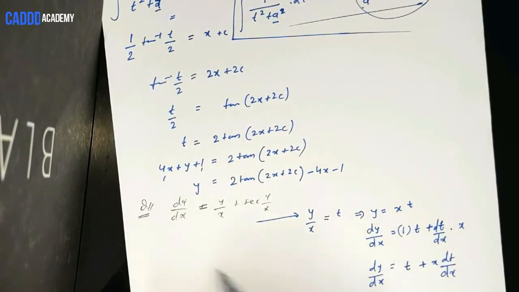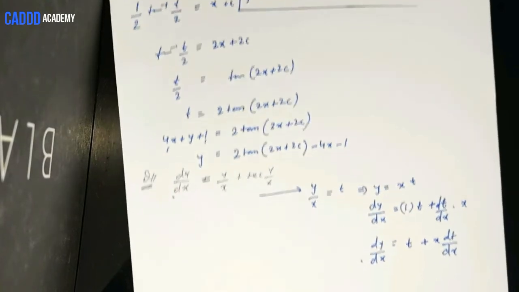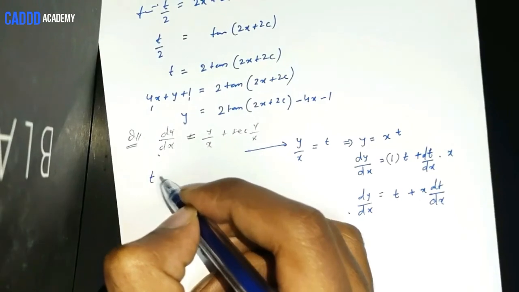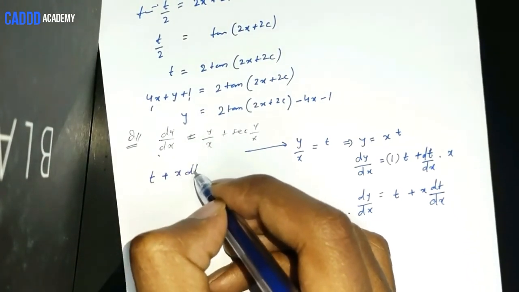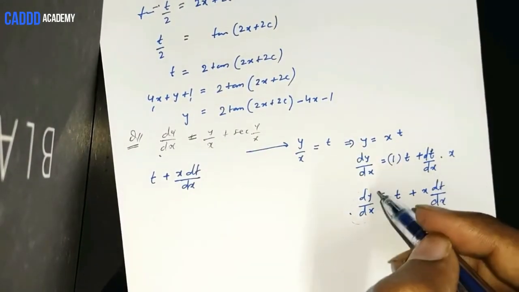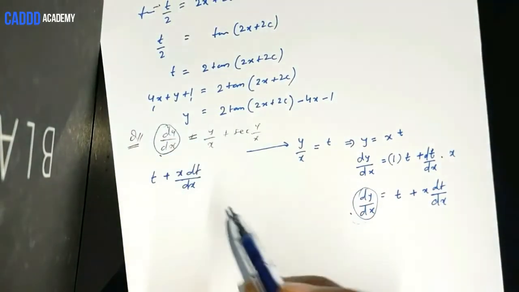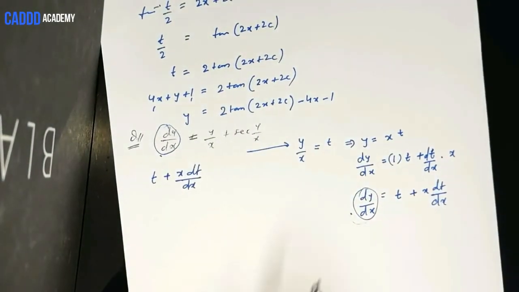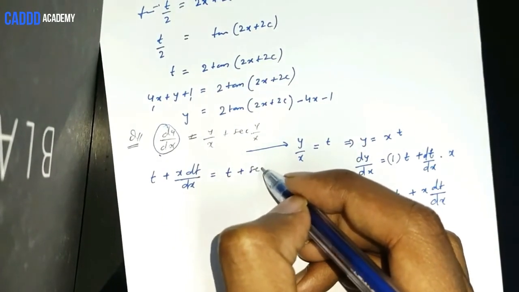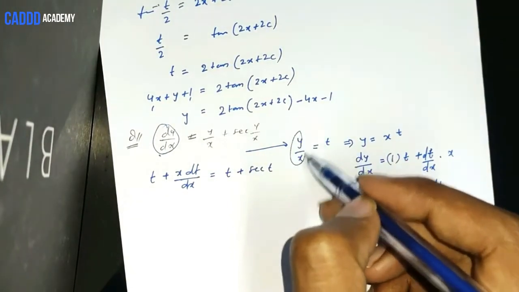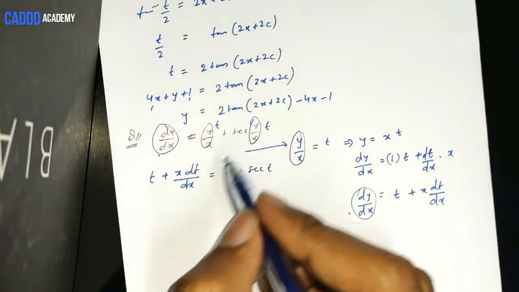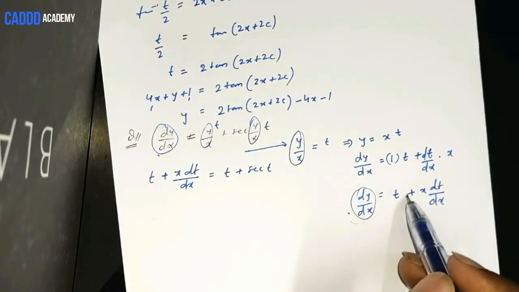Let's compare this and this. This is dy by dx, this is also dy by dx, so equating these two terms, we have t plus x dt by dx equal to t plus sec t, because y by x is equal to t. So this term is written here and this term here.